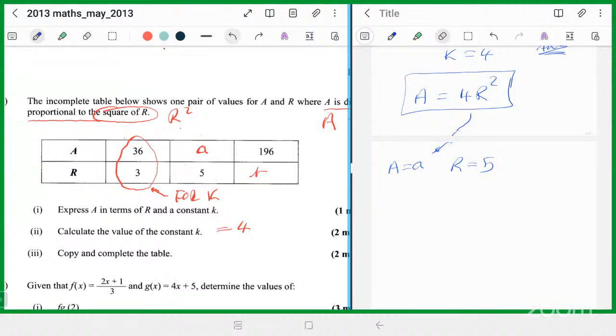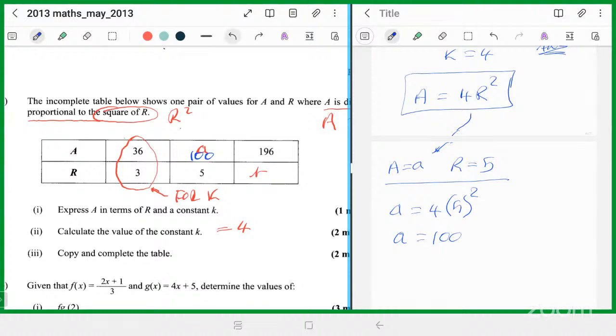Put them in the formula to find the value of A. It means that small a is equal to 4 times 5 squared. This 5 squared is 25, and 25 times 4 is 100. So A becomes 100. Put 100 in the box right here.